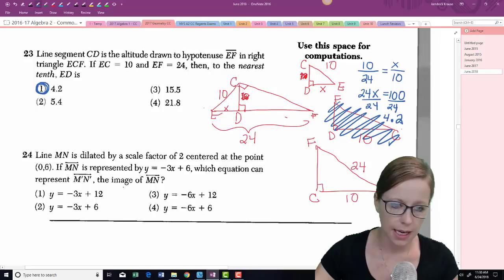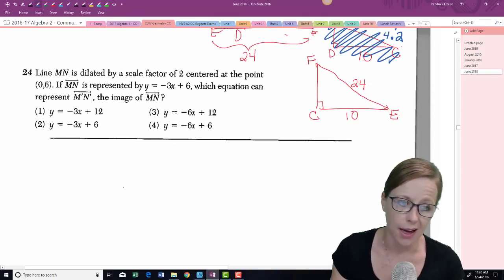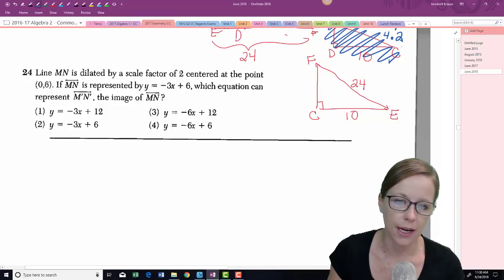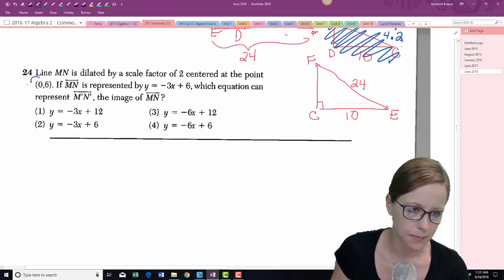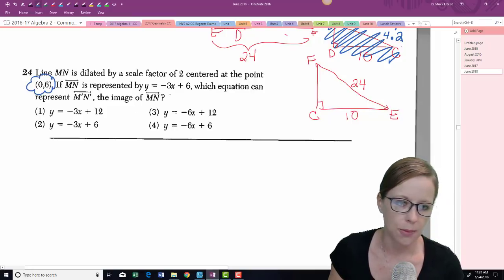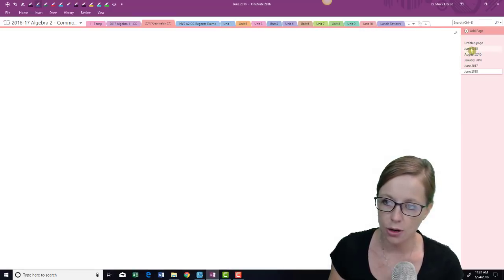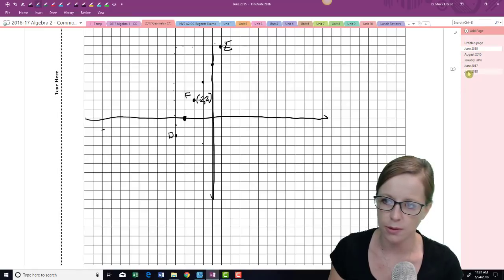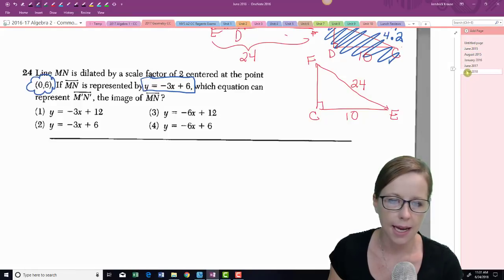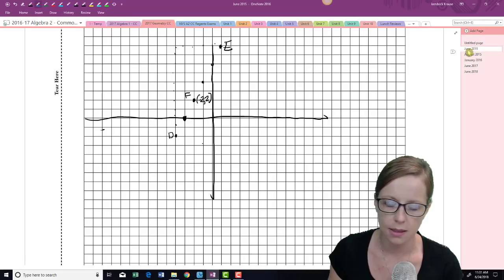24, this last question here, is actually easy if you know the one fact. So line MN is dilated by a scale factor of 2, centered at the point (0, 6). If MN is represented by negative 3x plus 6, which equation can represent M prime N prime, the image of MN? So I'm again going to go to that graph paper. Negative 3x plus 6.